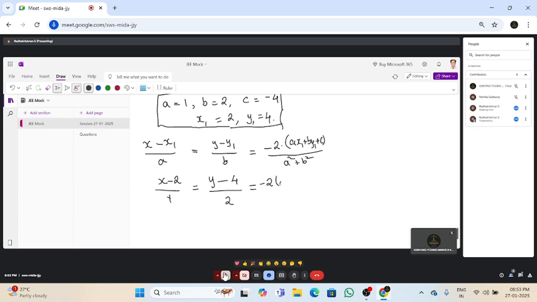A x1, B y1 plus C, right? A square plus B square.